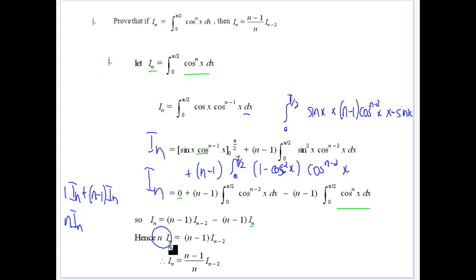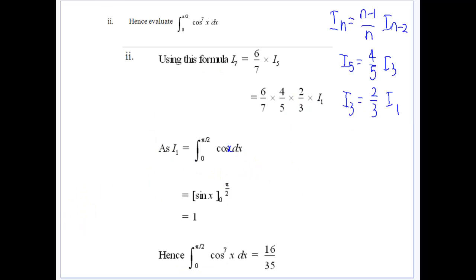That gives us n times I_n on this side. And we're left with n minus 1, I_n minus 2 there, and then dividing by n gives us the result we need. So there's our manipulation. We get it back to something in terms of I_n and I_n minus 2, which allows us to then evaluate cos x to the power of 7.